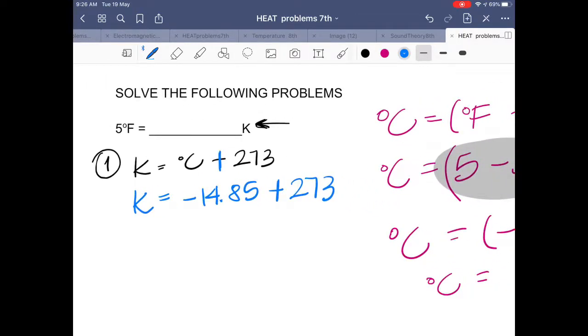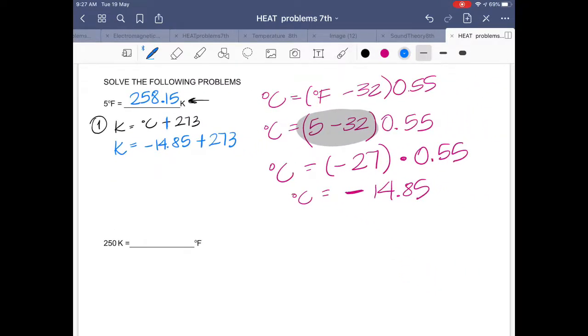Negative 14.85 plus 273 is 258.15, and this would be your answer. Just remember to bring this part right here to here.